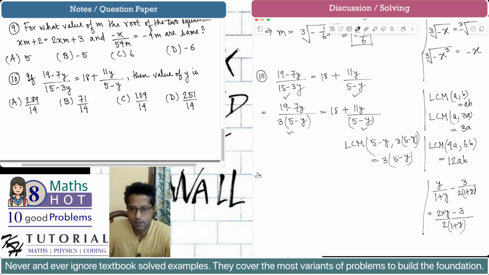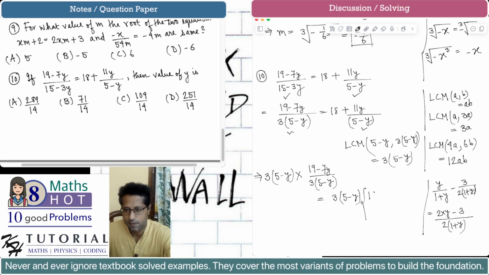Hence, if you multiply both sides by 3 into 5 minus y, the LHS is 19 minus 7 by 3 into 5 minus y, and we will multiply 3 into 5 minus y with the RHS, which is 18 plus 11y by 5 minus y.